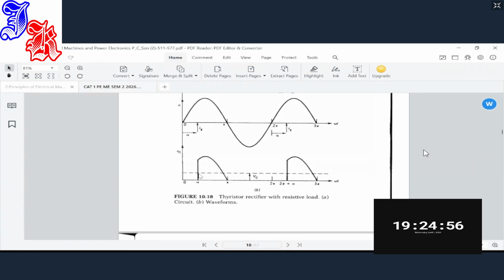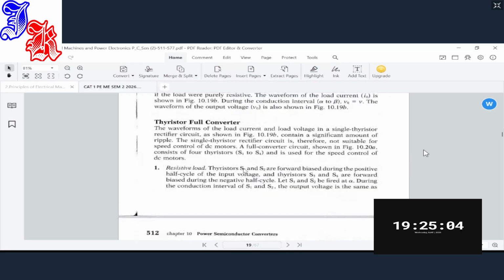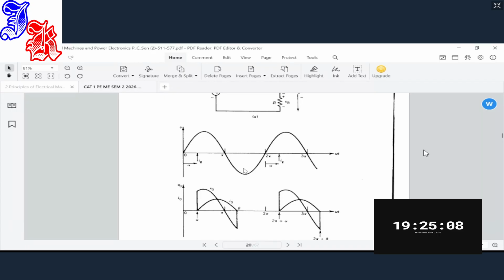So we have current settling at beta. For the resistive one the current will have settled at pi, but for the other one it is prolonging or lagging and commutates at an angle beta, which is now greater than 180.